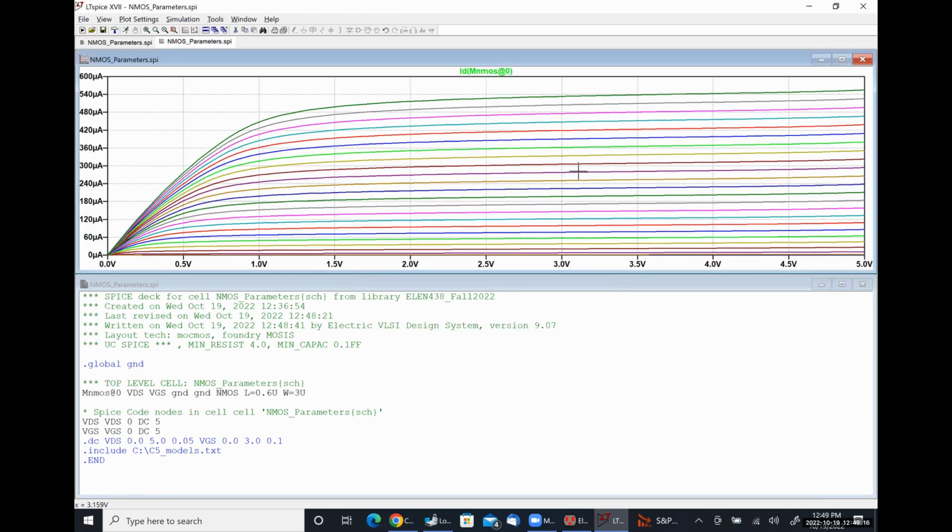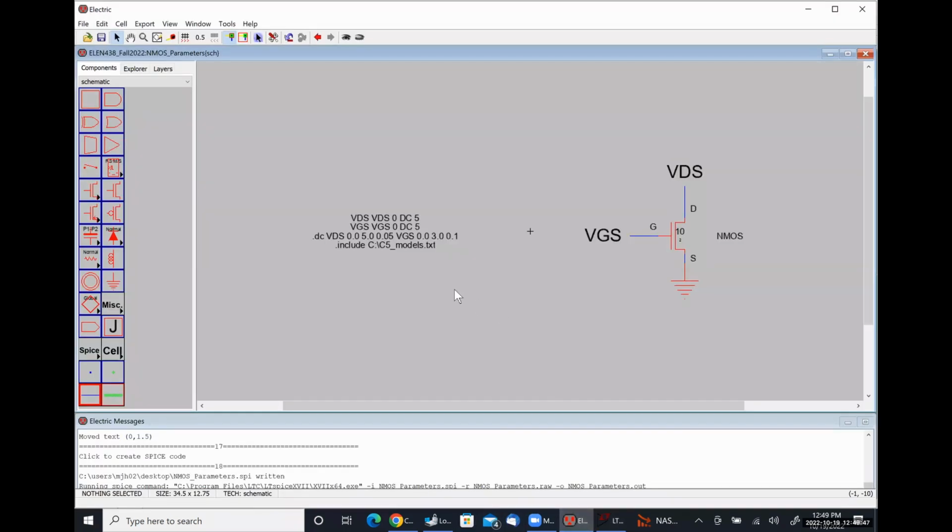And I get all these nice pretty curves. So what this is, is my drain current as a function of VDS for the different values of VGS as we sweep it. So this topmost curve is when VGS is equal to its maximum value, and then one step lower, etc. Right? So let me pop back over here to Electric.